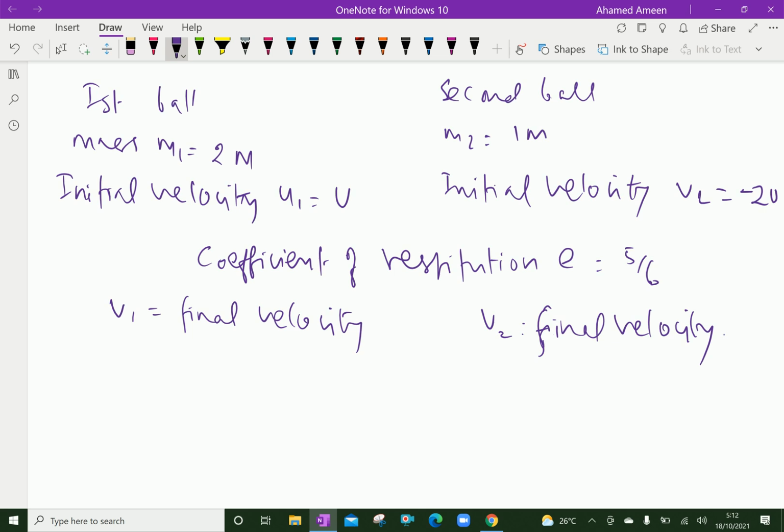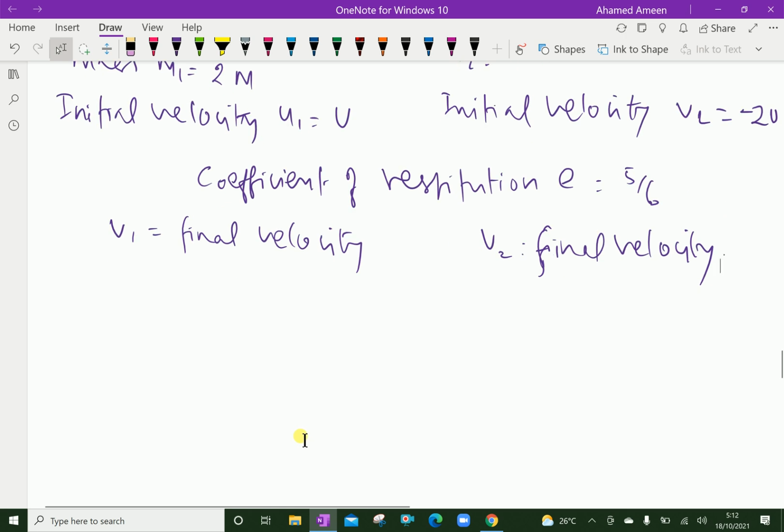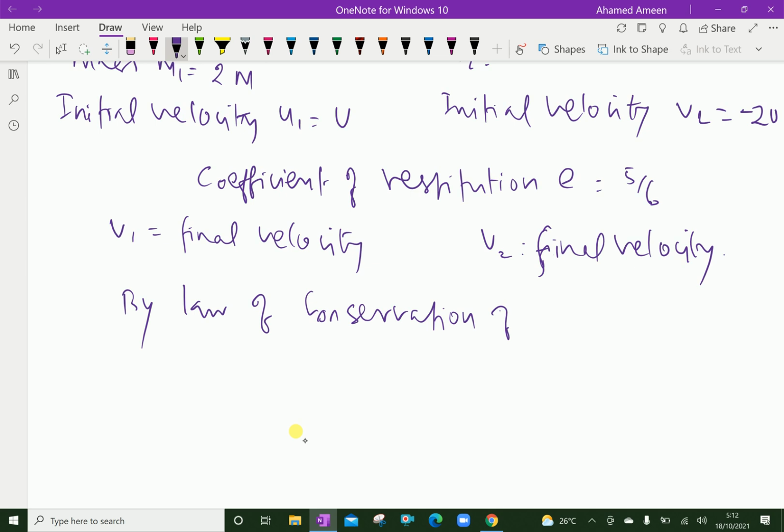Now, by the law of conservation of momentum, we have m1 u1 plus m2 u2 equals m1 v1 plus m2 v2.